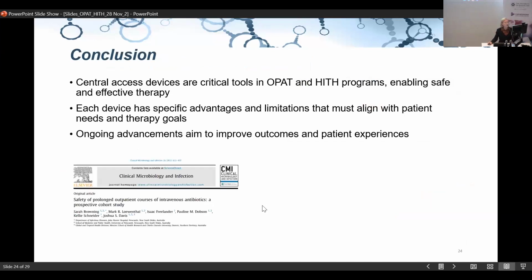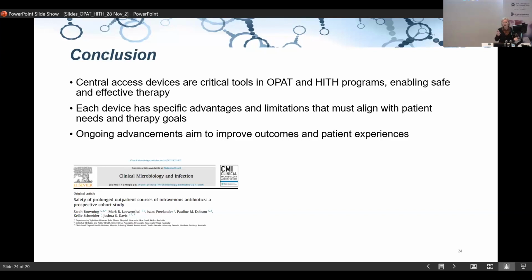One of the things that we do need to consider is how safe is giving long-term IV antibiotics, and where there's non-inferiority of antibiotics, when should we be switching to oral, and how quickly could we be doing that to minimise the number of patients that require long-term antibiotics in the home environment.